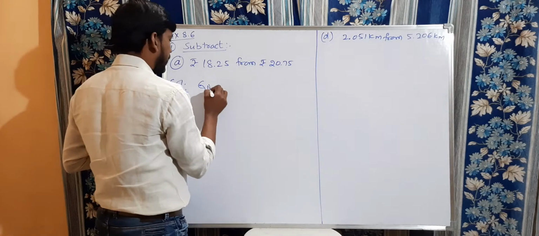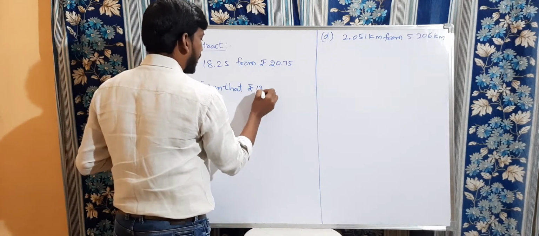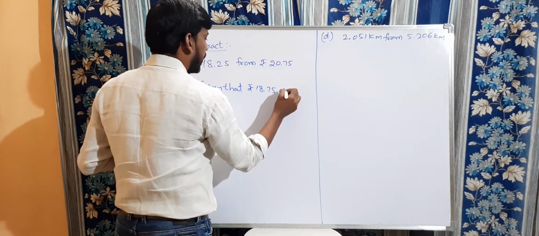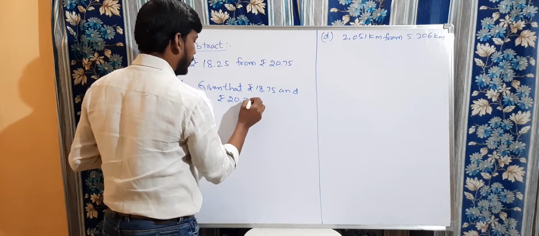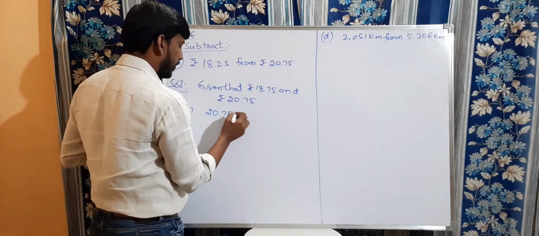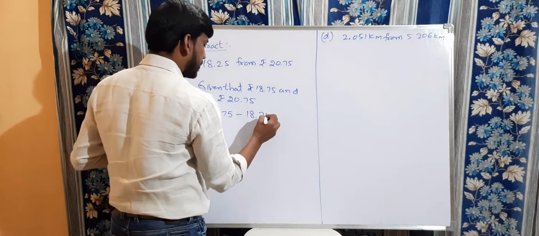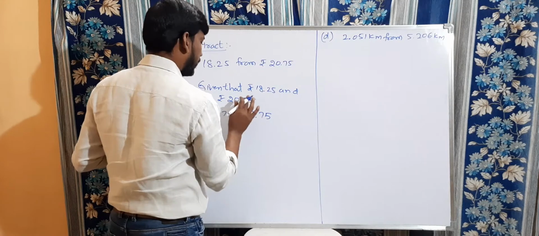Given that the values are rupees 18.25 and rupees 20.75. So we need to subtract 20.75 minus 18.25. Clear?